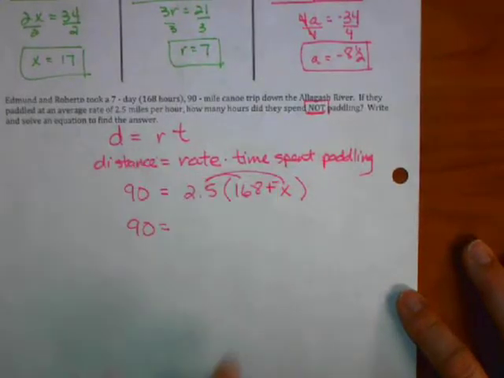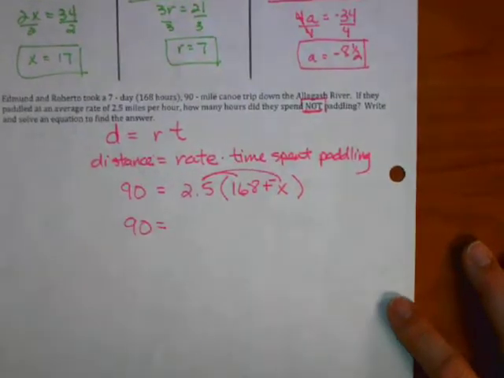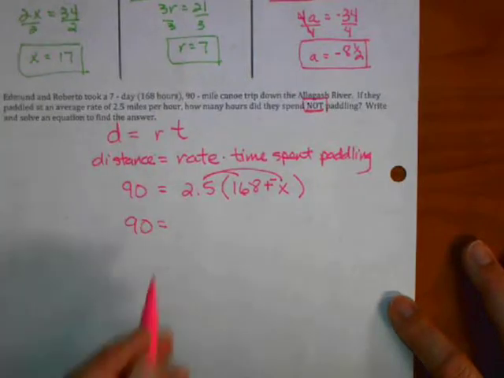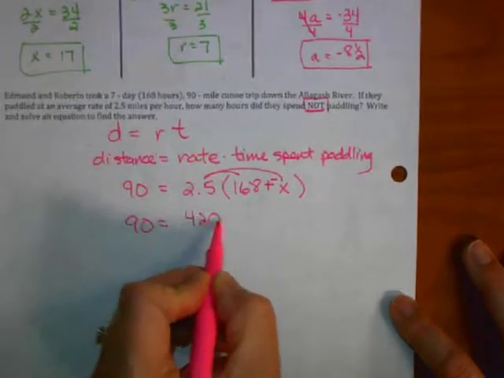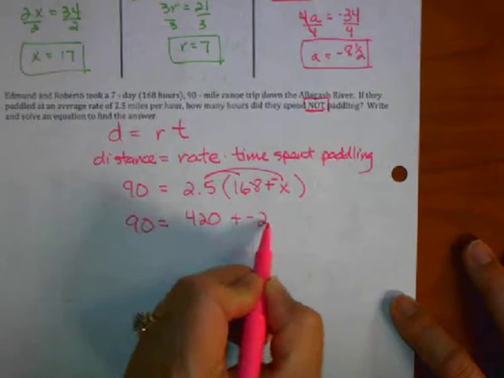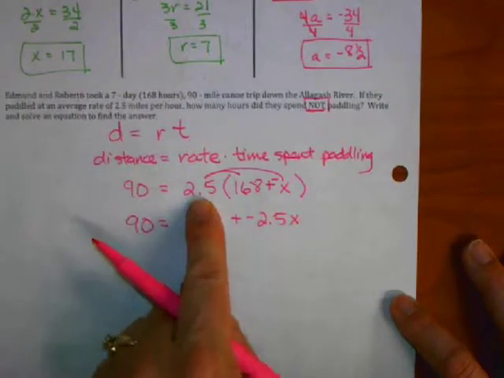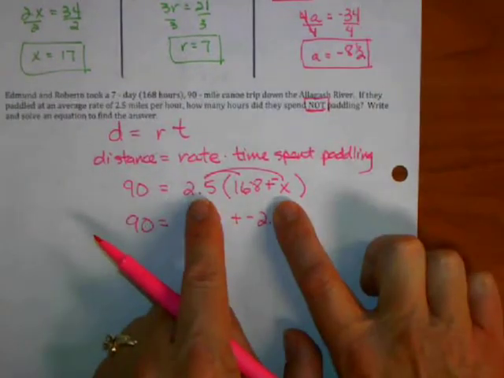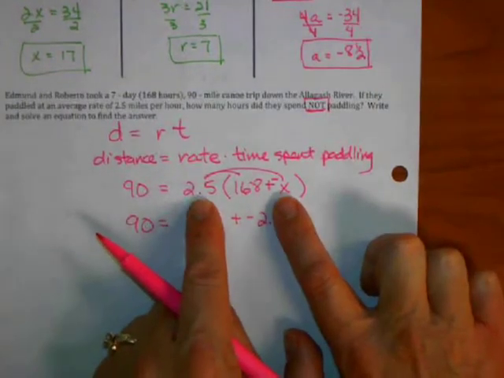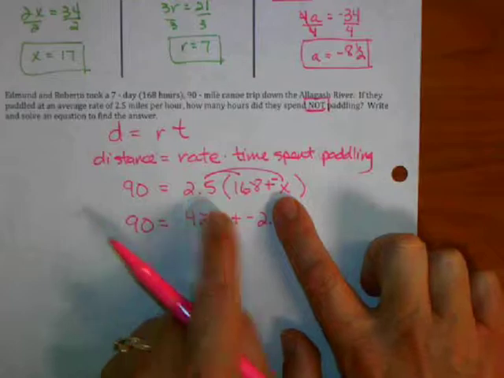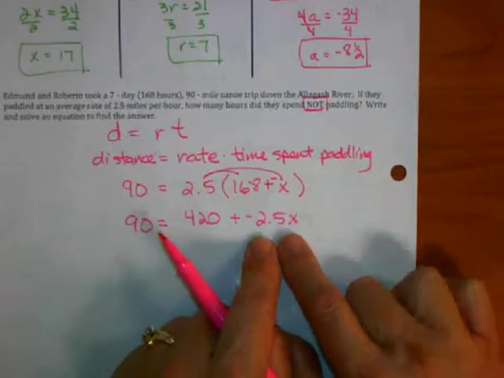Change that to adding a negative. And I get 420 plus a negative 2.5x. This times this is like 2.5 times negative 1 x. That's why it becomes negative 2.5.